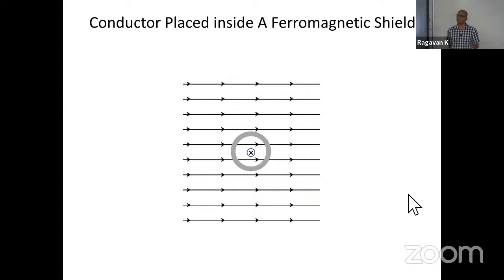Consider EMI, we use coils. But in EMI you are using dB by dt, right? There is no dB by dt here. Okay, but you are right.